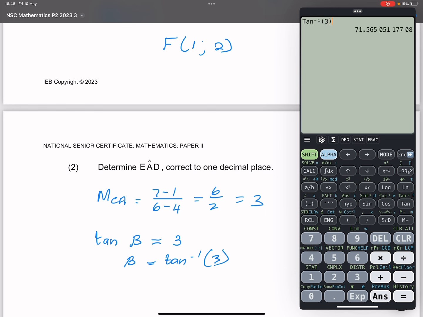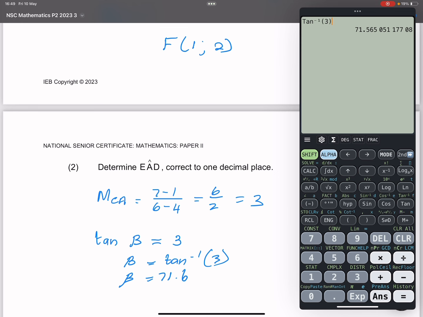So that's 71.5, well, let's just say 71.57. They said correct to 1 decimal place, so let's just say 71.6 in this case. Right, so 71.6.